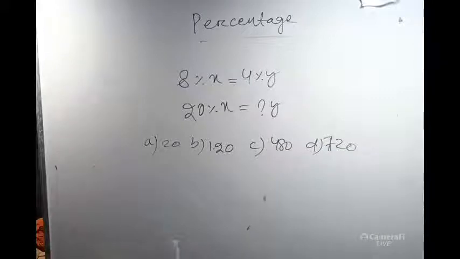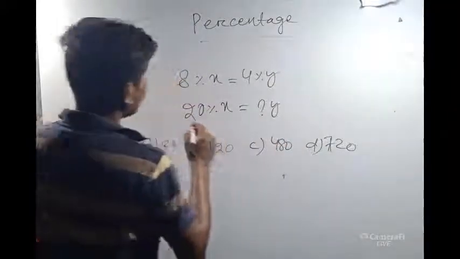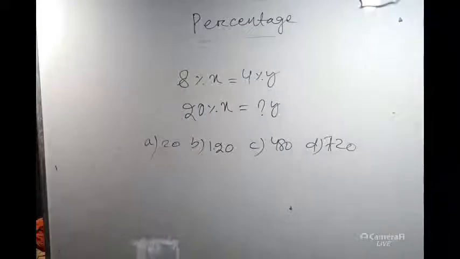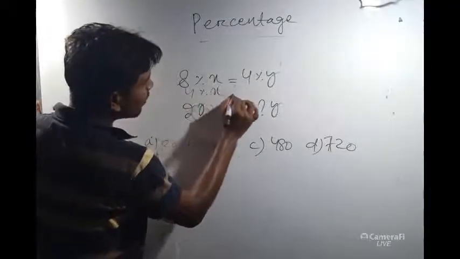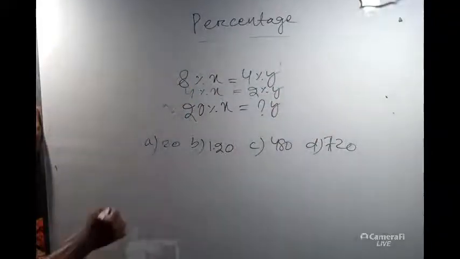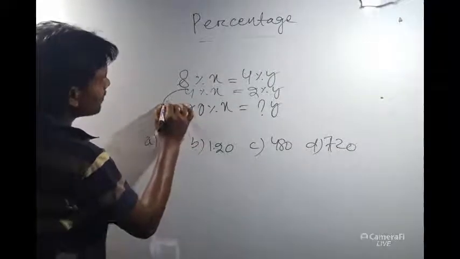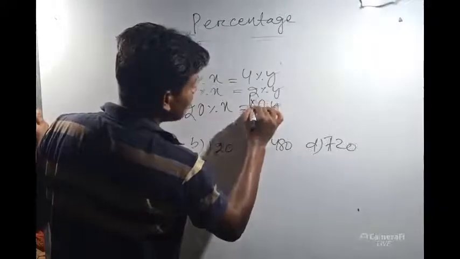Okay, see how to solve. This 80% of X equal 4% of Y. Then 4% of X equal 2% of Y. Okay, then this is 5 times. Then here this is also 5 times.